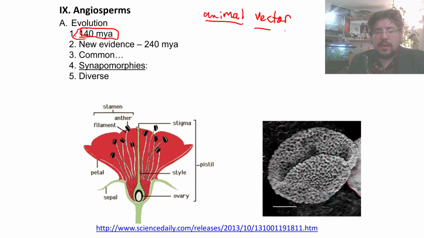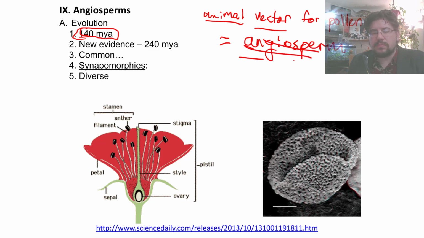And again, animal vectors for pollen are angiosperm stuff. So the fact that we found fossil evidence moves back the evolution of flowering plants to something like 265 to 240 million years ago.